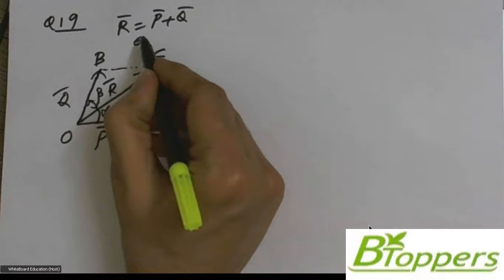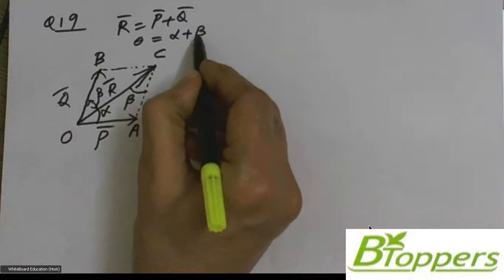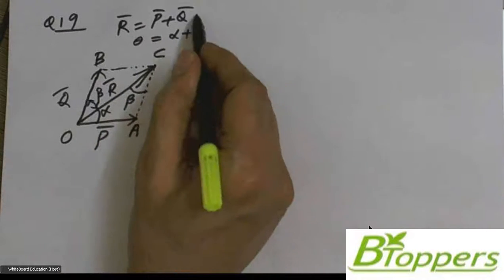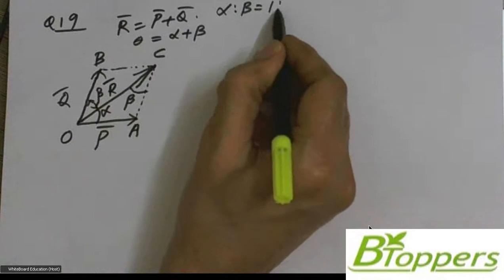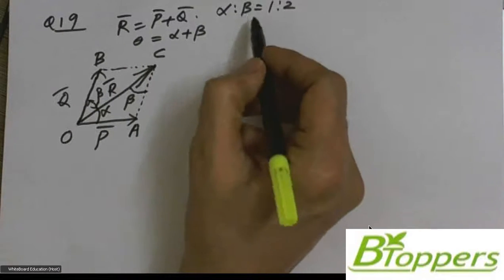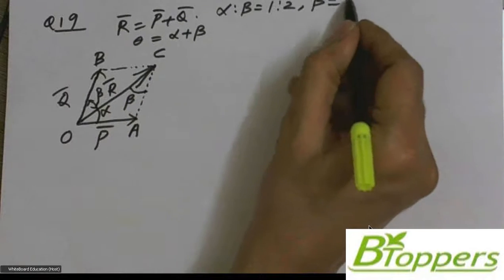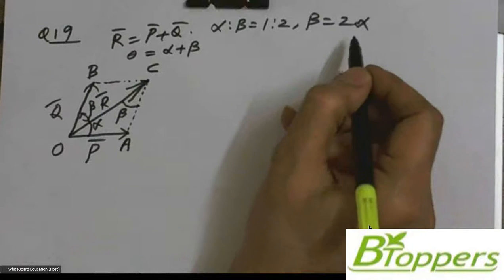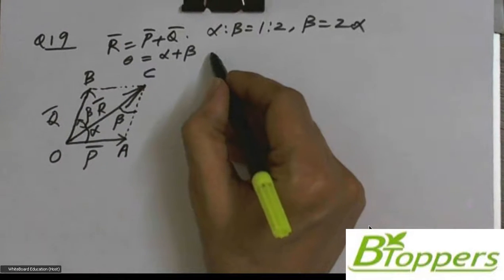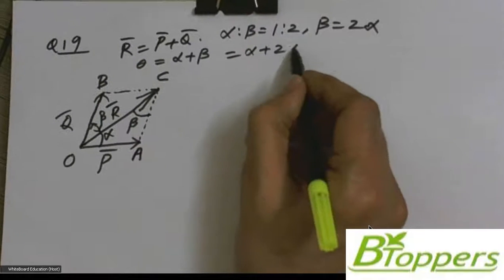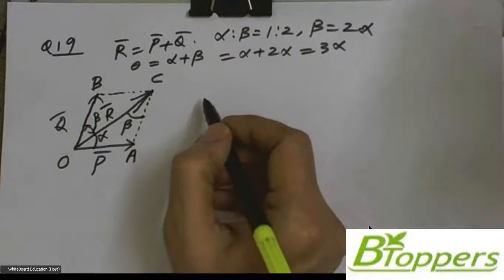So the angle theta between the two forces P bar and Q bar is alpha plus beta. Given that alpha to beta is 1:2, you can write beta equal to 2 alpha. Therefore, theta equal to alpha plus beta means alpha plus 2 alpha, that will be 3 alpha.